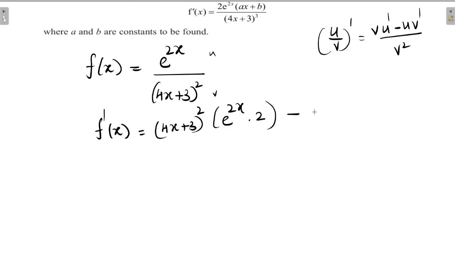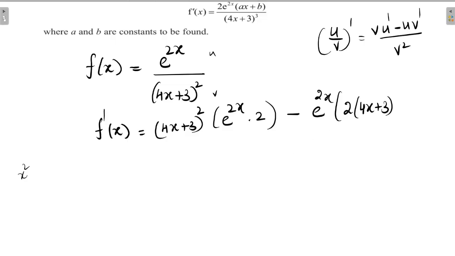minus e power 2x into differentiation of the denominator. That is, consider what is the differentiation of x square. Differentiation of x square is 2x. So first we can consider as 2 times 4x plus 3.